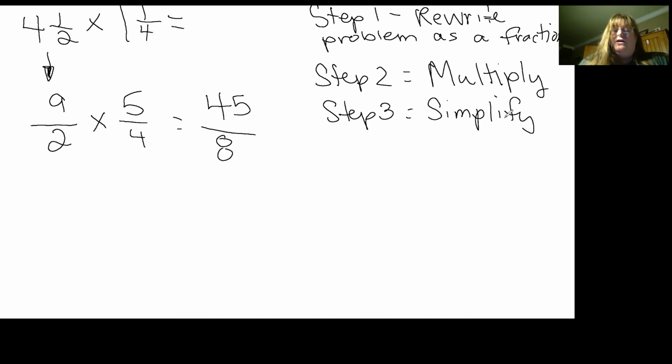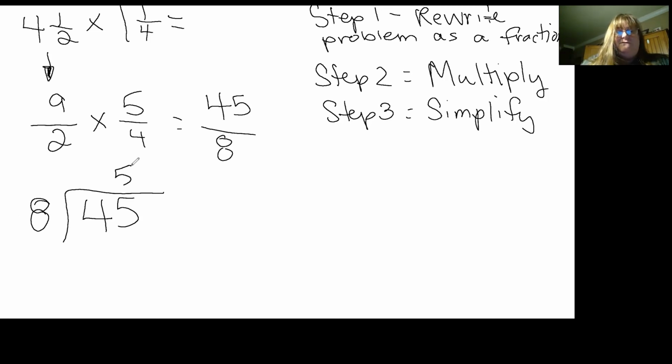So 45 over 8, we discussed yesterday. Remember, this line really means to just divide. So if we rewrite it so it's easier for us to figure it out like this, 45 divided by 8, we know that 8 can go into 45 5 times. 5 times 8 equals 40. Subtract, and we have a remainder of 5.